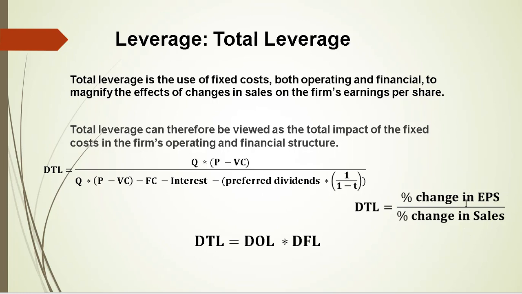We can obviously do that from the financial statements, but I like to think about the degree of total leverage with a slightly different formula. The degree of total leverage is the combined impact of operating leverage and financial leverage.